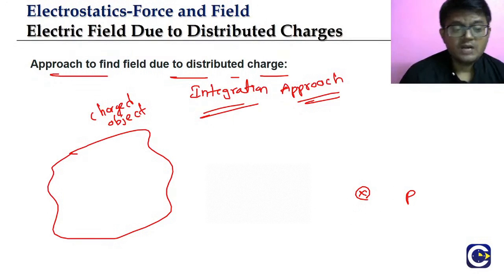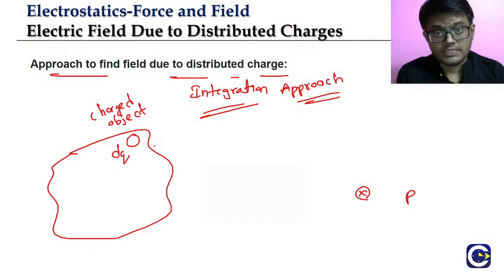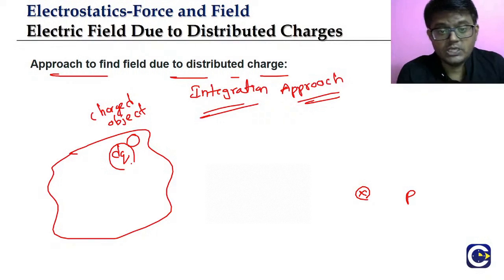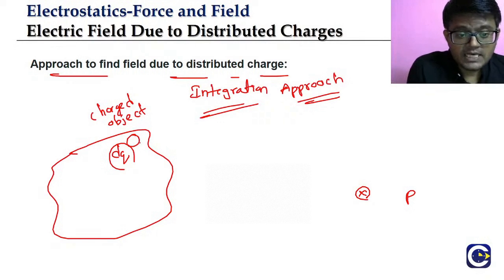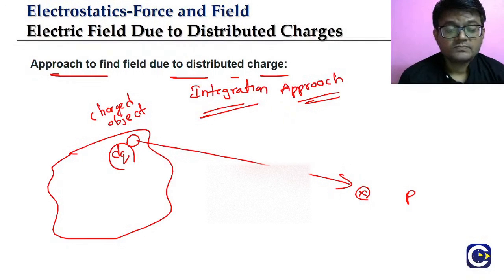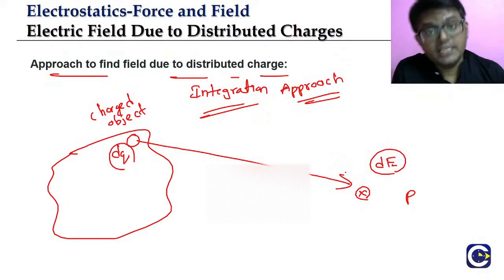Then we take a very small charge on this object, a differentially small charge dq. From that charge we find what the field is at this location. Then it will be dE.